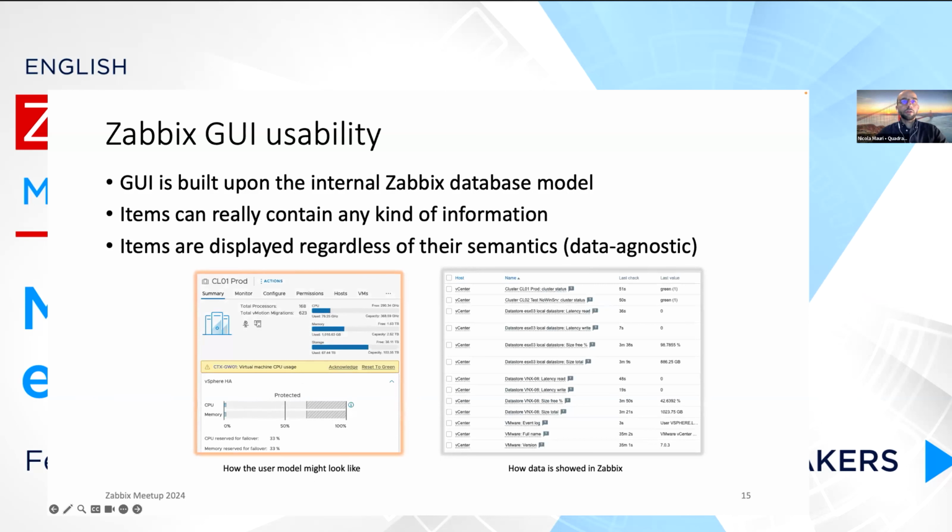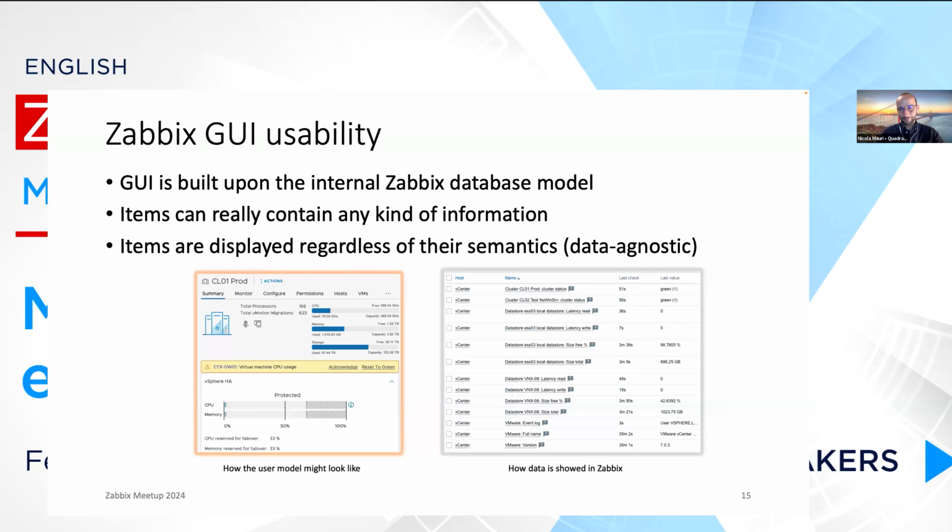All this data is gathered by Zabbix, but as you know, it's shown in a very basic format, a list of labels and values. So Zabbix does not implement a user model inside its interface. And the question is, is that a bad thing?